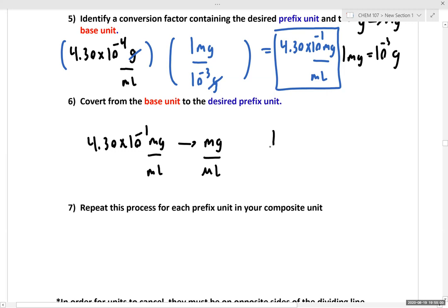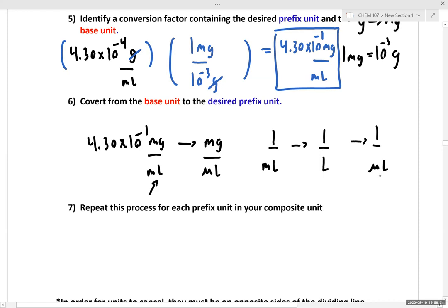So then we need to go from 1 over milliliter to 1 over microliter, and we identified our intermediate unit as 1 over liter. Now, the one thing that I'd like you all to keep in mind is that because this unit of milliliters is in the denominator, instead of converting milliliters, we're converting 1 over milliliters into 1 over microliters.